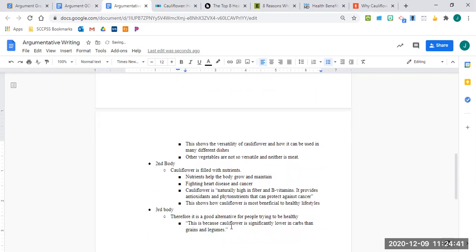It's because cauliflower is an alternative for meats, grains, and legumes because it is significantly lower in carbs.